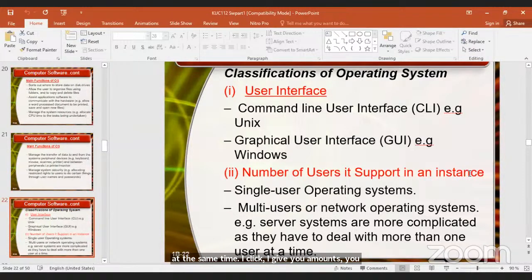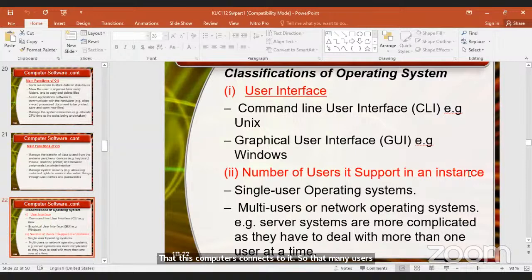Then you have multi-user. These are operating systems that allow many users to use the system at once. Like when you go to banks, they usually operate a single system. It means that we have one centralized server that the computers connect to, so that many users can use that single system.